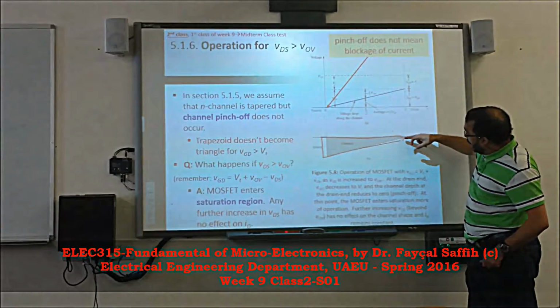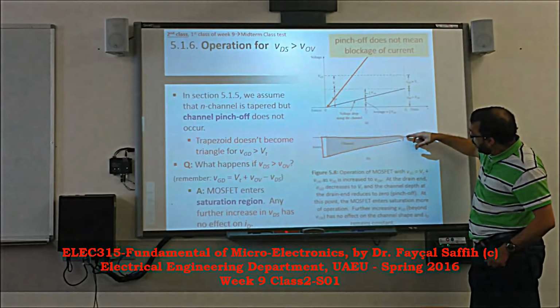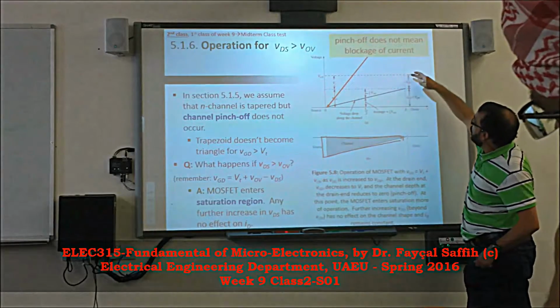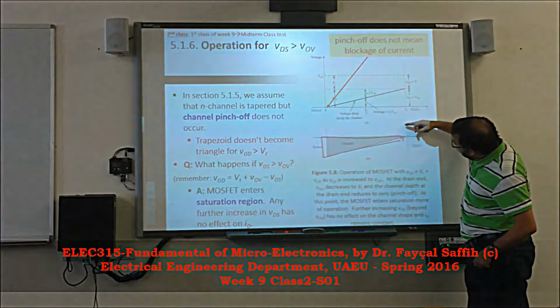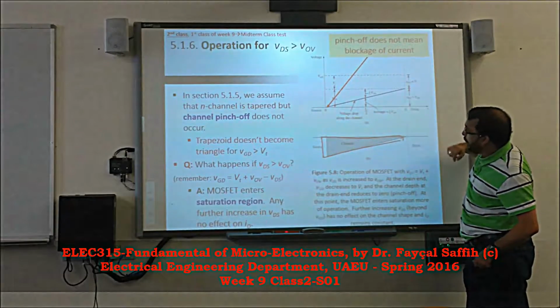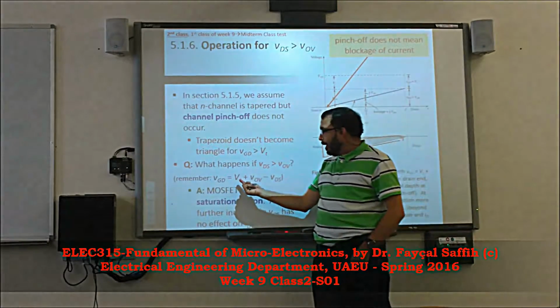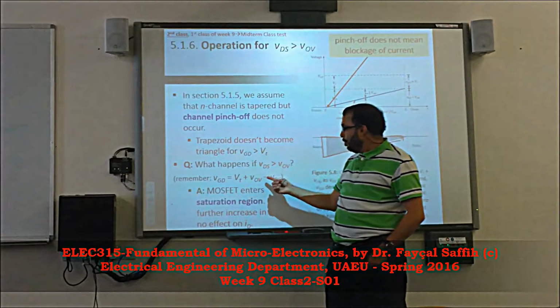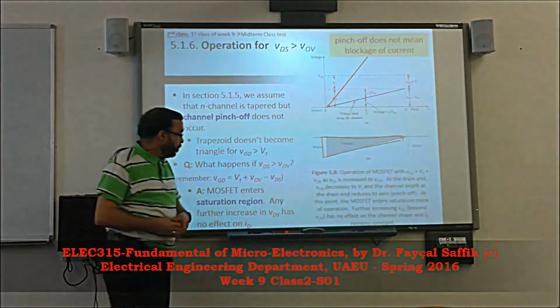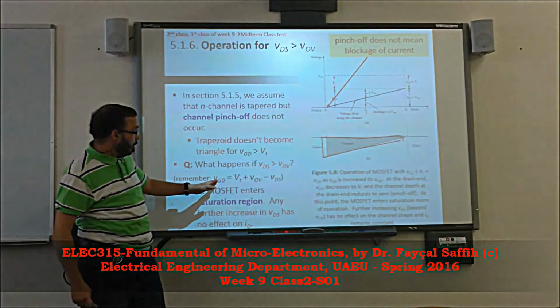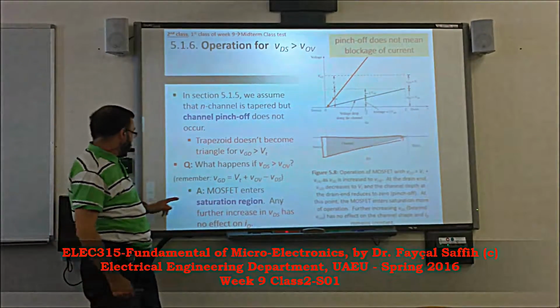The voltage that will create the channel here is VJD, the voltage between the gate and the channel. VJD is equal to VT plus the overdrive minus VDS. To get this, go to the previous slides, we discussed that already. It's actually VJD, we did it last time.